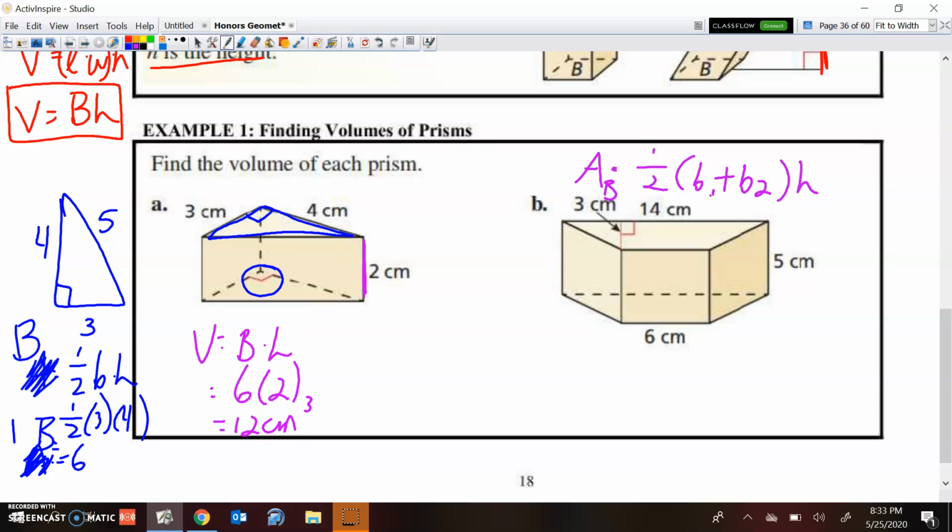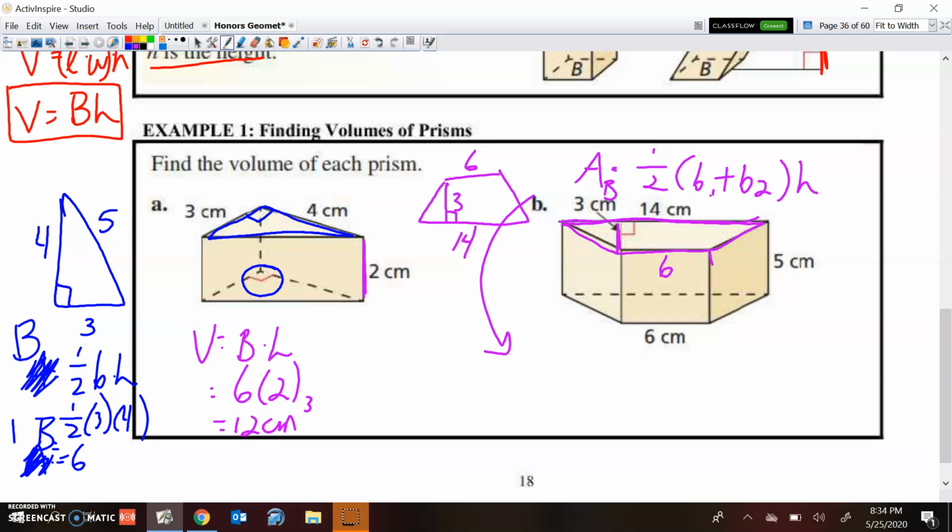All right, so let's go ahead and carry that down here. So I'm talking about this trapezoidal region right here. I see that this is 6, so that's also 6 centimeters. And if I just redraw this so that I'm not looking at it kind of upside down, I have 6 here. I have the entire bottom, which is 14. And I have this little distance here as 3. Okay, and they show me that with a right angle.